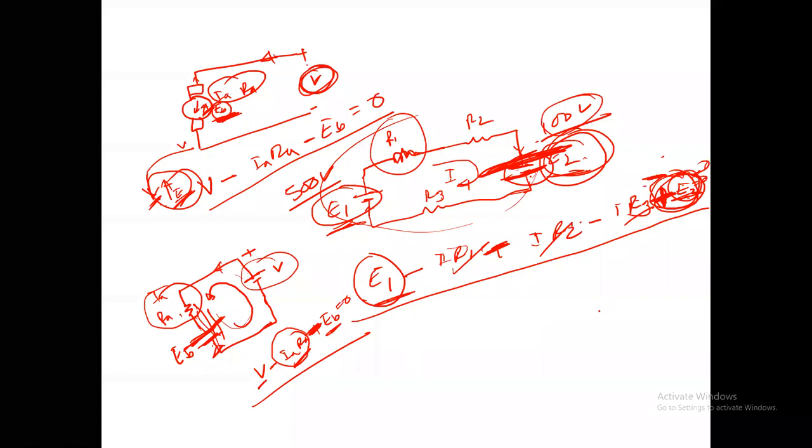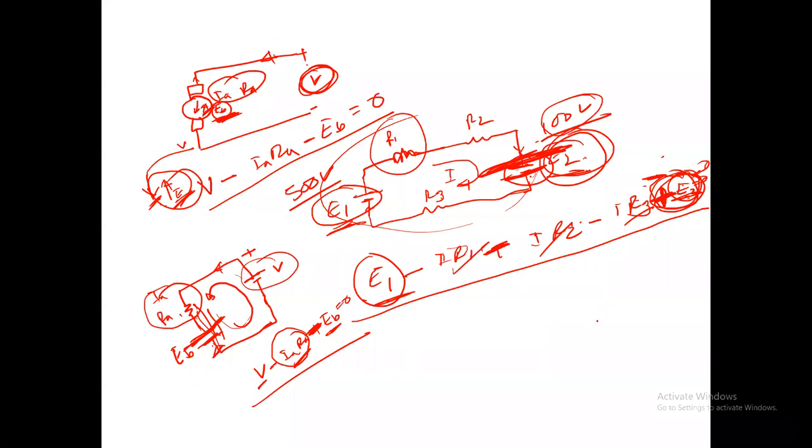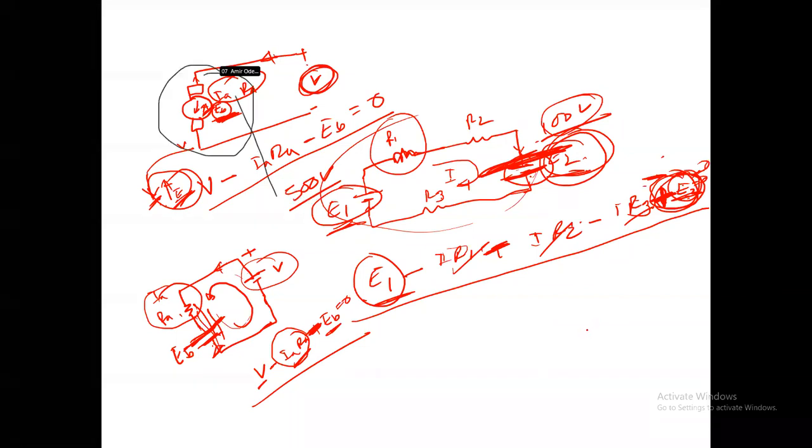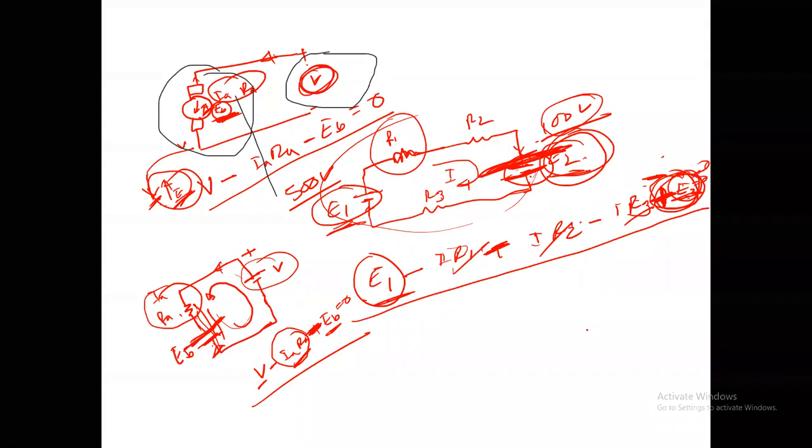I'm talking about here. This is the voltage that we applied to the DC motor, and we know that the direction of the current is going in this direction. So if the current direction is in here, how about if we rotate the DC motor, is it possible?